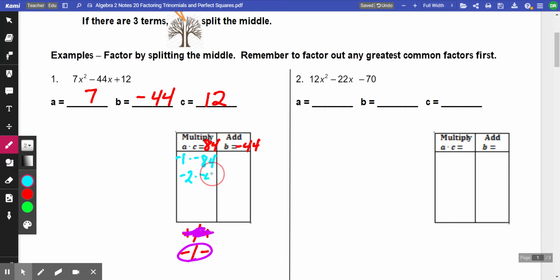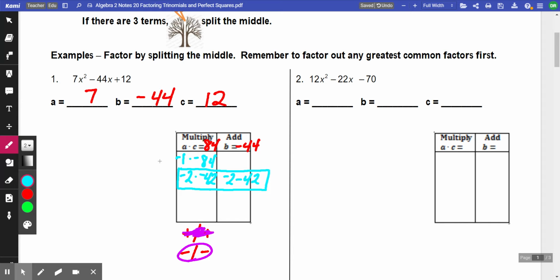And ask ourselves if those combine to -44. And in this case, they do. So this is a good point to stop. You could keep making your list of values that would multiply to the desired 84 here. But once we have the two numbers that we need, there's no reason to continue on. So we have found the two values that will fit into both columns.